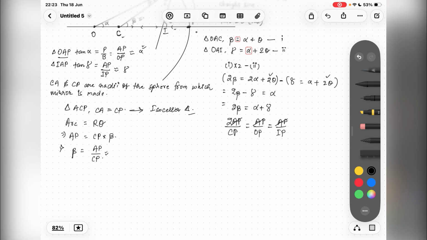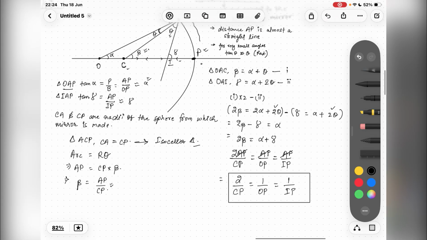AP will get cancelled out and we will get 2 by CP equals 1 upon OP plus 1 upon IP. And this is where we get our relation between U, V and F from.